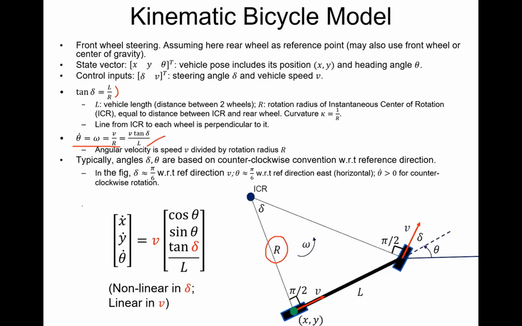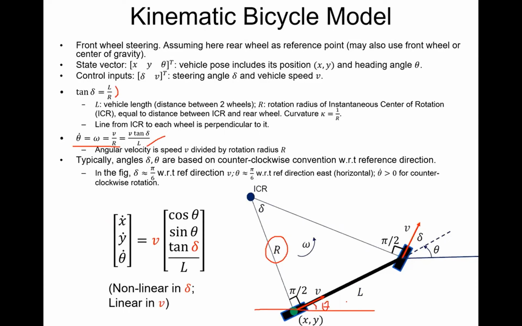So if you write out the state equation in matrix form, in vector form, you have this equation. X dot is v times cosine theta, so the velocity in the x direction is v times cosine theta, the projection of velocity onto the east direction.